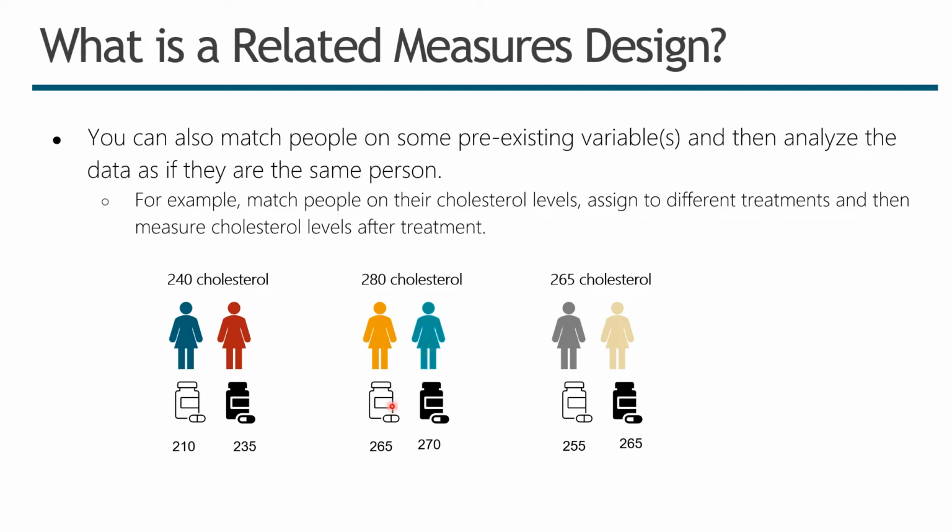Randomly assign them, one person gets the drug, one person gets the placebo, and then measure their cholesterol levels. Okay? So that's a match design, and we find that these are pretty hard to do in terms of finding people who you can match up on pre-existing variables, but when you do them, you can use a repeated measures t-test or related measures t-test.